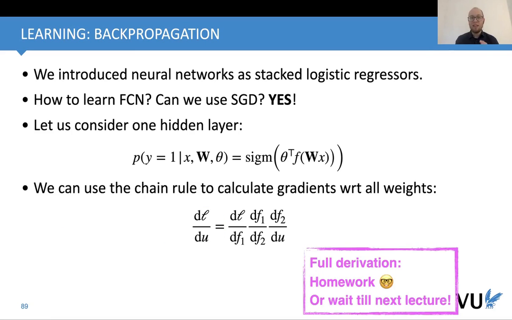And this is the idea behind the backpropagation algorithm, right? That we can actually build these derivatives by having modules in our neural network. So one layer, second layer, and so on. Of course, for the full derivation, you can do it as homework for this one hidden layer neural network, or you can wait till the next lecture when Peter will do it for you.